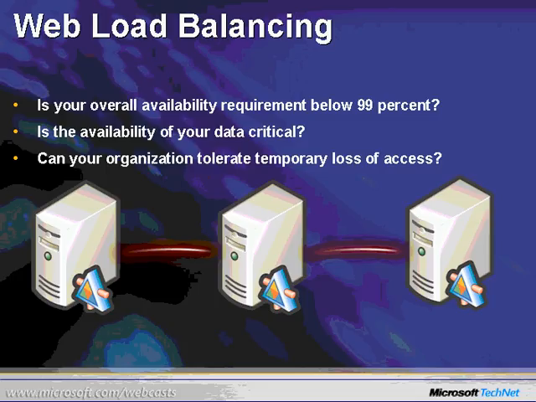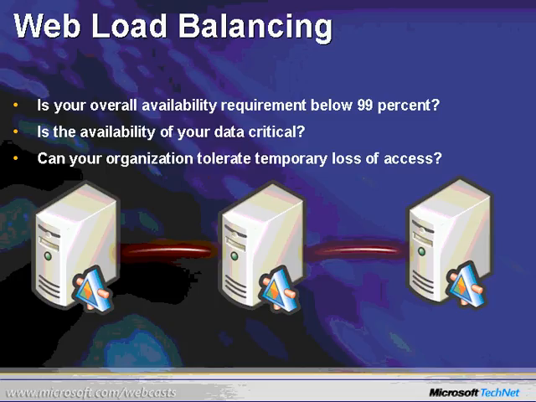Is it a problem if your availability is below 99%? What about your data? Is the availability of your data a critical issue? Can your organization tolerate any temporary loss or access to the data? Now, if you can tolerate some temporary loss, then that's okay. A multi-tiered or a multi-layered web front end is not necessarily going to be a problem.